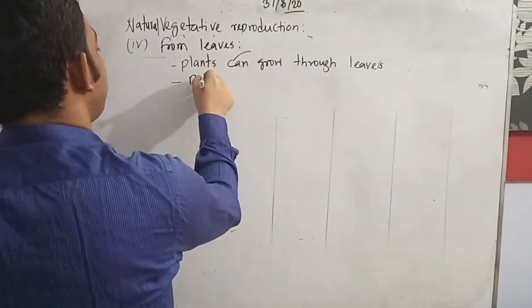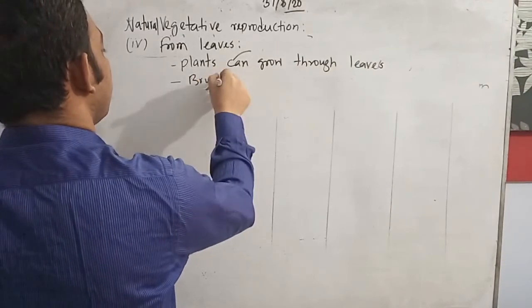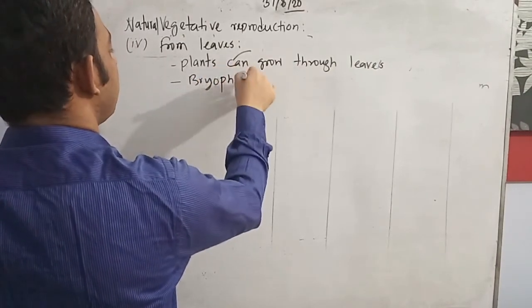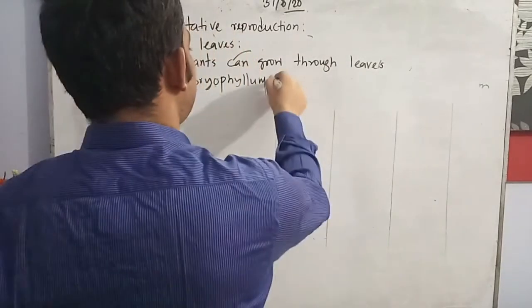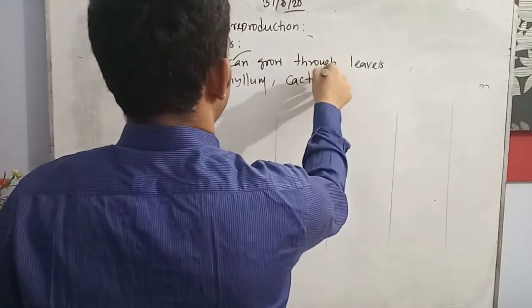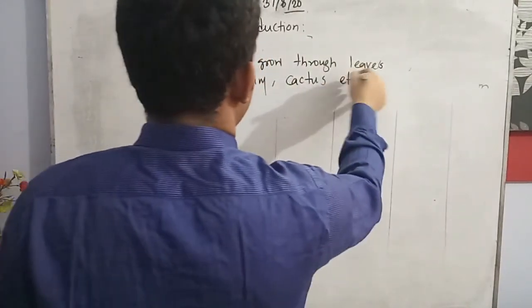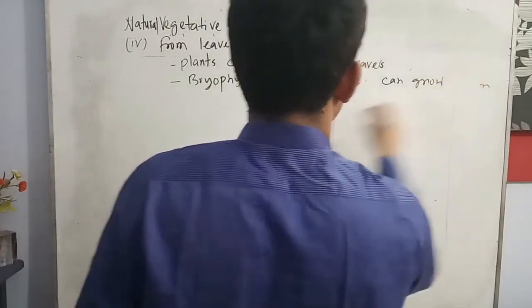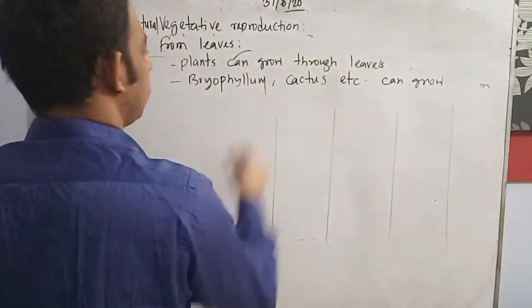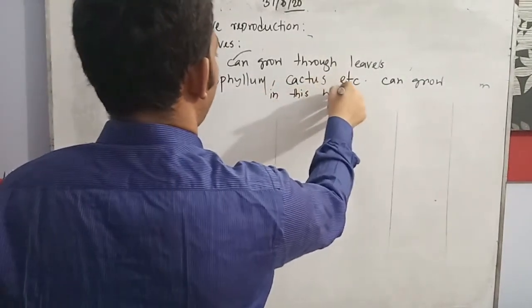Bryophyllum, cactus-like plants, etc. can grow in this way of reproduction.